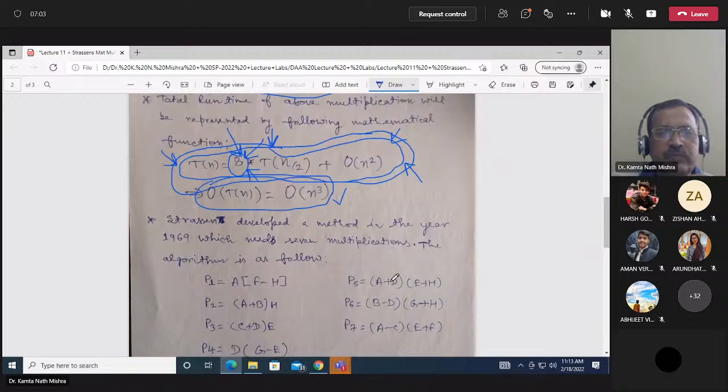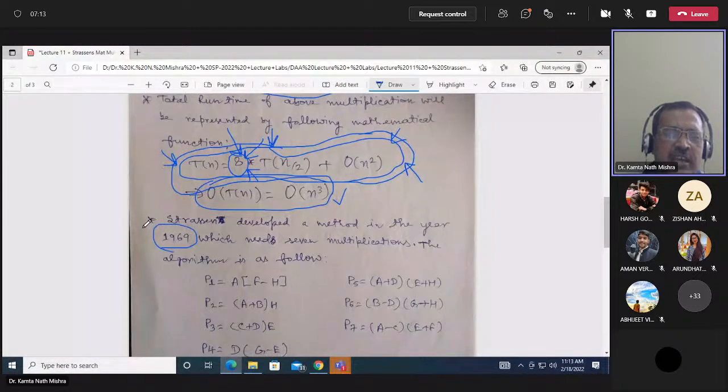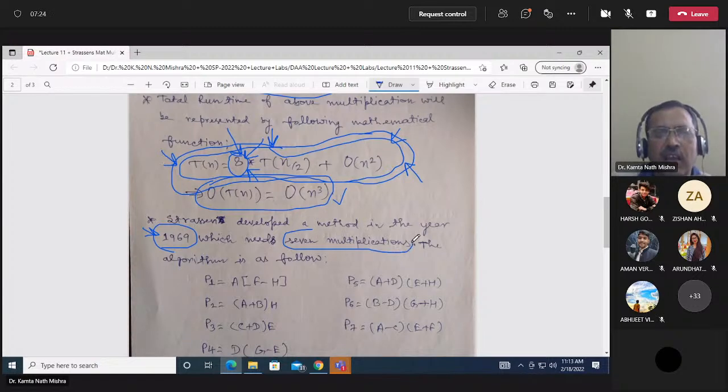Now, Strassen's matrix multiplication. This method was given by a mathematician in the year 1969. And what he says is that Strassen's matrix multiplication will use how many multiplications? 7 multiplications.